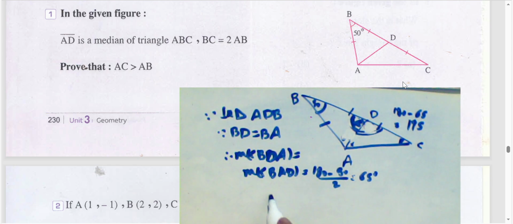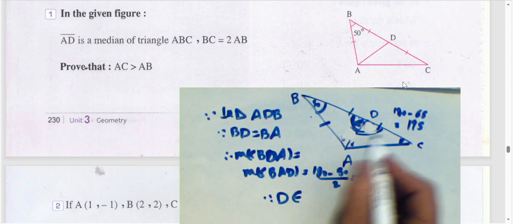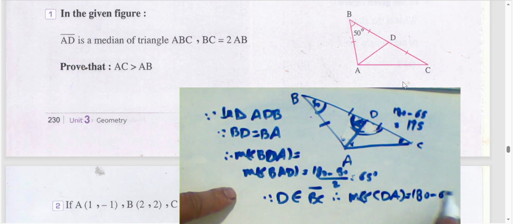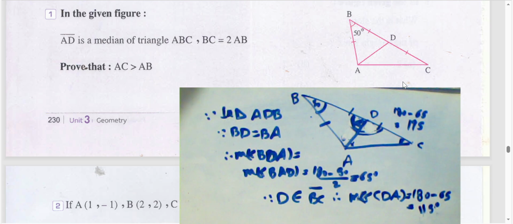And then, since D belongs to line segment BC, the measure of angle CDA equals 180 subtract 65, equal to 115 degrees. Now understood? Again, we found the angle here 65 and the angle here 115.